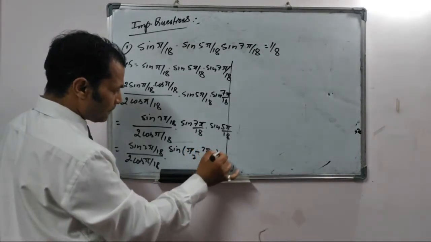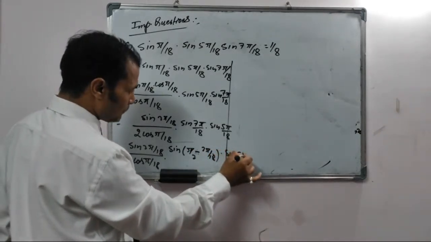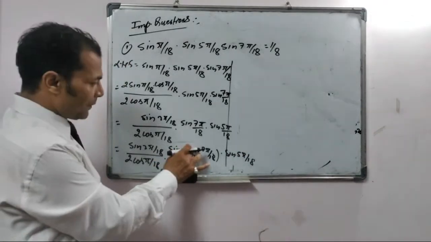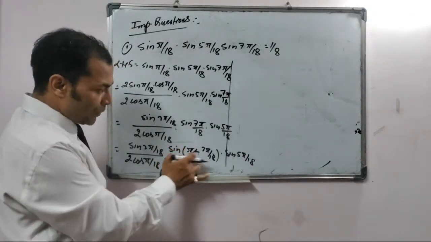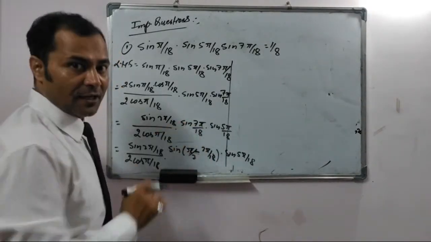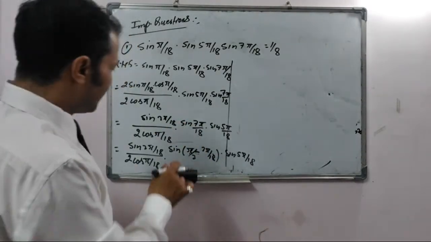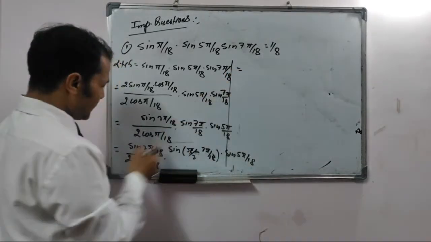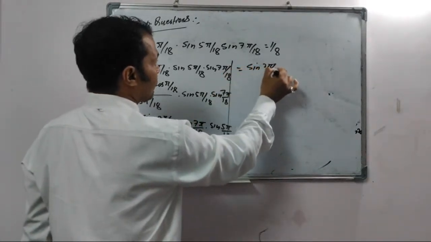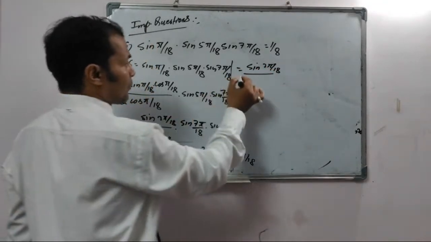Can I write this? You understand? Pi by 2, I've written here pi by 2. When you take LCM, 9 pi minus 2 pi, 7 pi again, right? You'll get 7 pi.